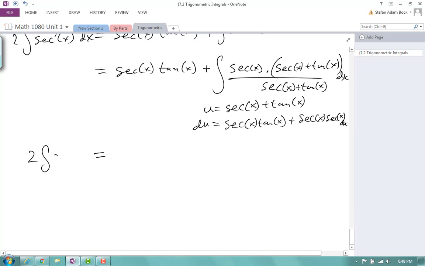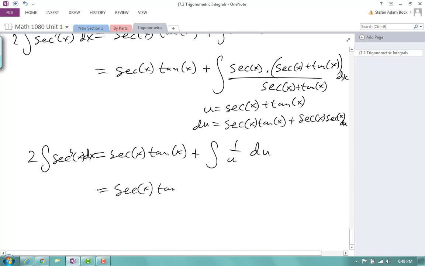So 2 times the integral of secant cubed of x dx is equal to secant of x tangent of x plus the integral of 1 over u du, which is secant of x tangent of x plus the natural log of the absolute value of u, or the natural log of the absolute value of secant of x plus tangent of x, plus c.